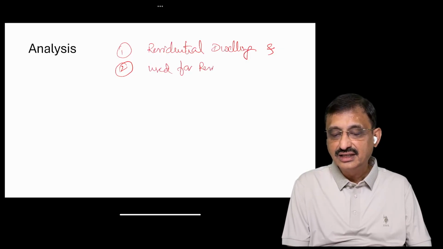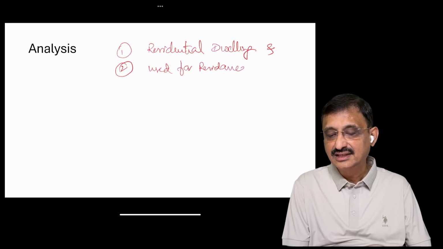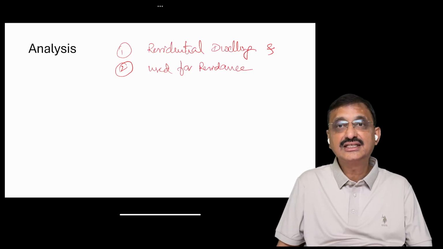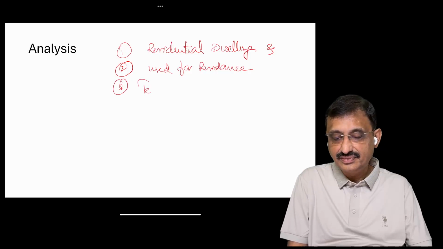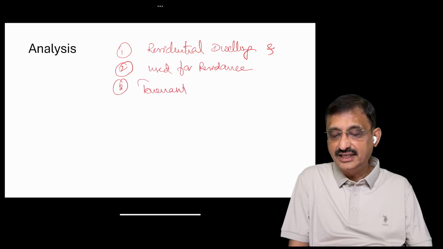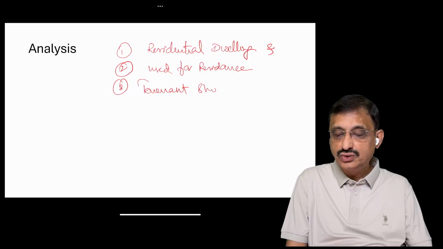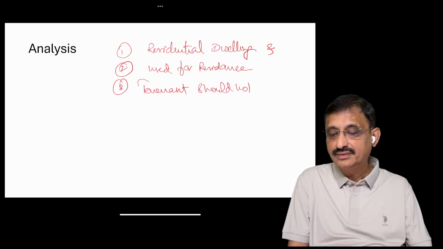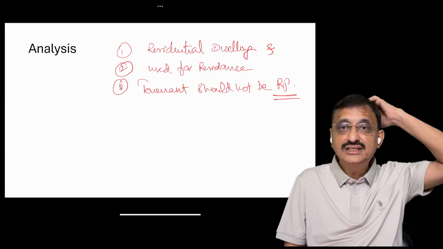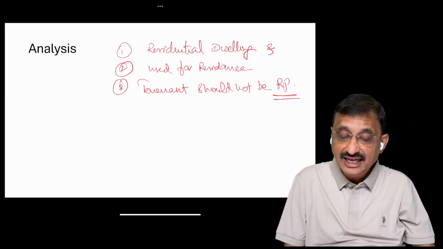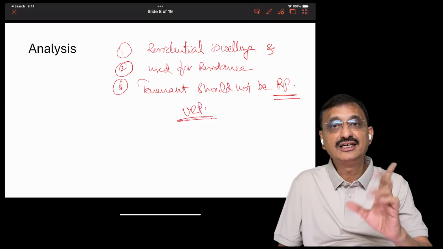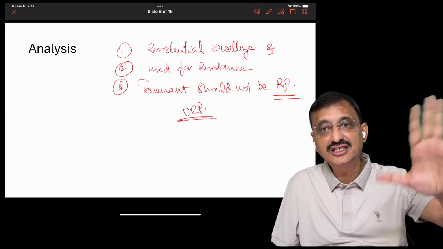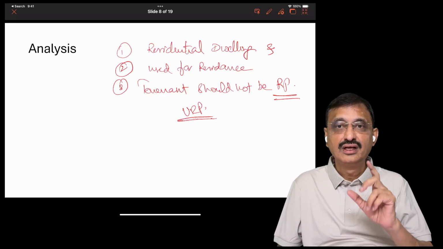And the third condition: the tenant should not be a registered person. Means the tenant should be an unregistered person. These three conditions are to be satisfied.